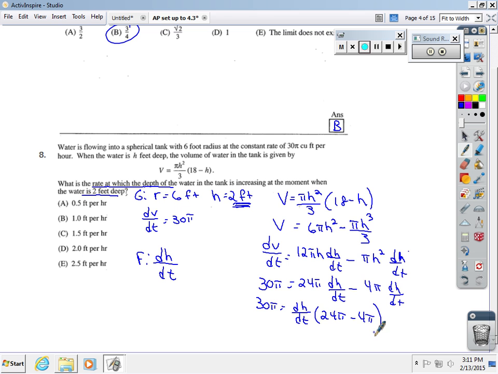That's 20 pi, so we're going to have 30 pi divided by 20 pi equals dh/dt, which when we simplify is 1.5 feet per hour. Next question.